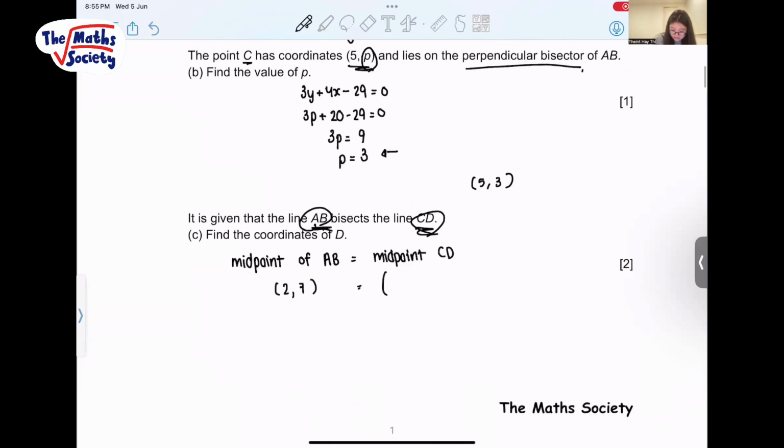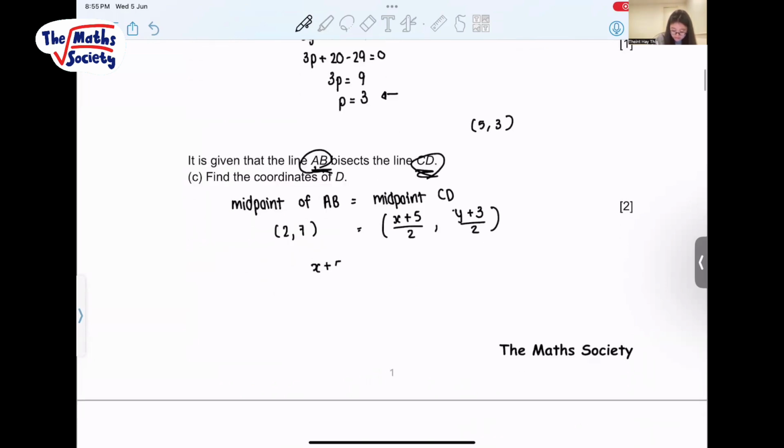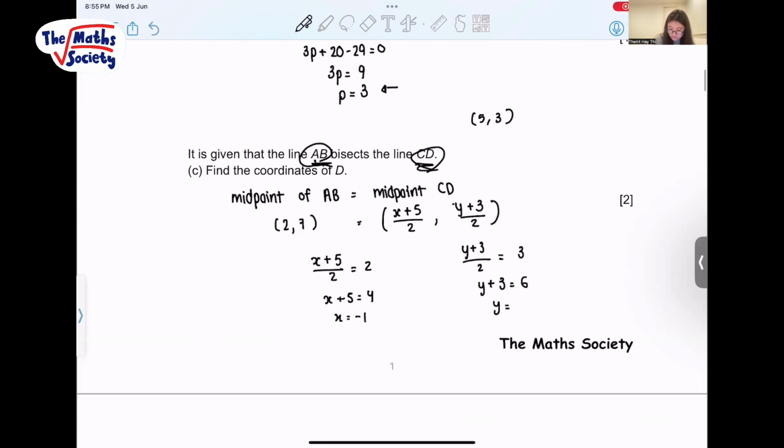So the midpoint is (x plus 5)/2 and (y plus 3)/2. And because it's the same, (x plus 5)/2 is going to equal 2. So x plus 5 equals 4, so x equals -1. And then (y plus 3)/2 is equal to 7, sorry. So y plus 3 equals 14, and then you have 11. Yeah. D is going to be (-1, 11).